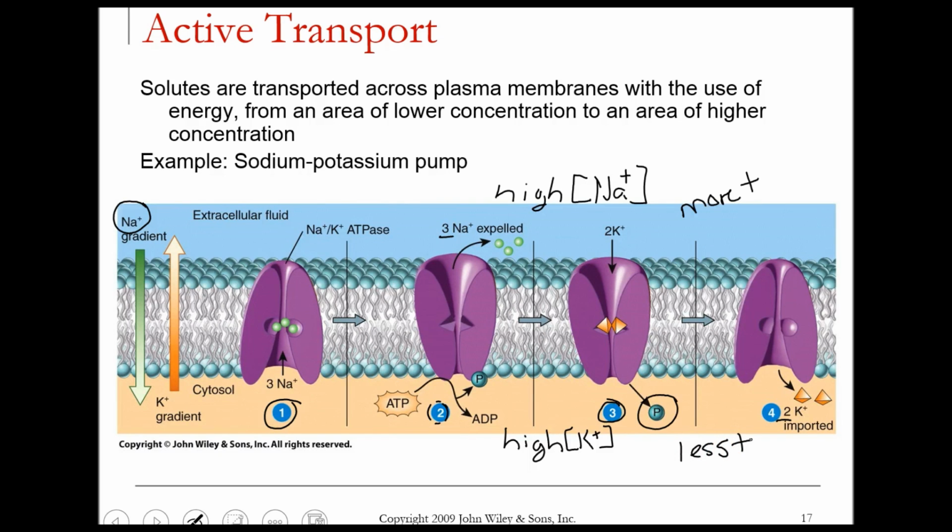So not only are we creating a higher concentration gradient by moving the solutes against their concentration gradient, we've also created an unequal area of electricity. The outside of the cell becomes positively charged compared to the inside, which is negatively charged. And they're separated by a barrier. They're separated by the phospholipid bilayer.